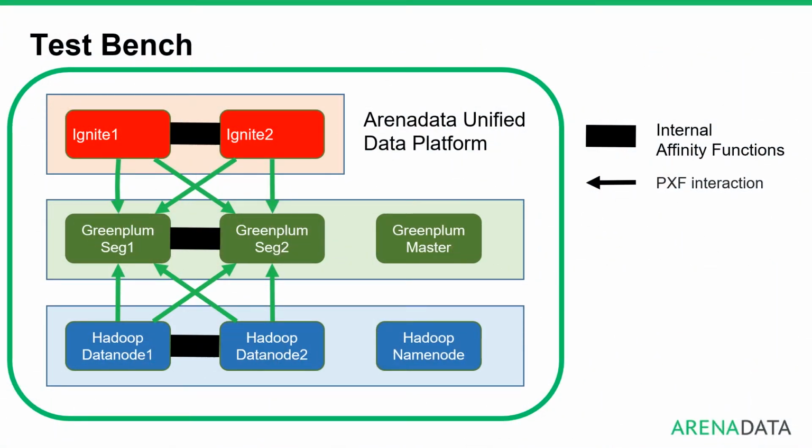Here is the schema of the test bench. I prepared this example especially for this event. As you can see here, we've got two-node clusters for Hadoop, for Greenplum, and for Ignite as well, with one master node for the Hadoop layer and the Greenplum layer. The green arrows are the PXF interaction path.